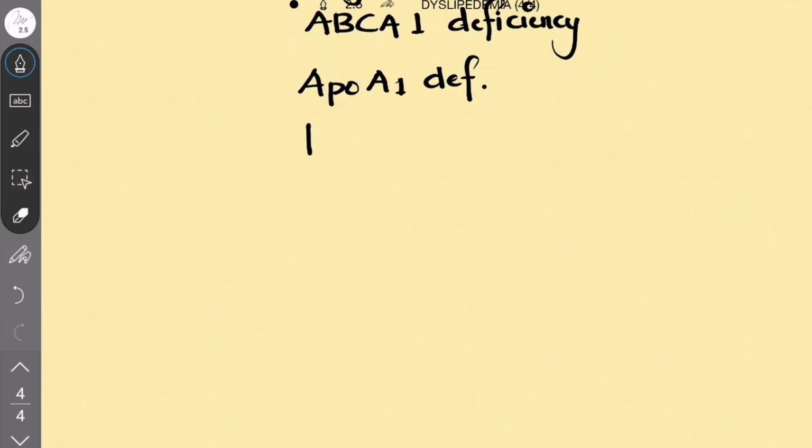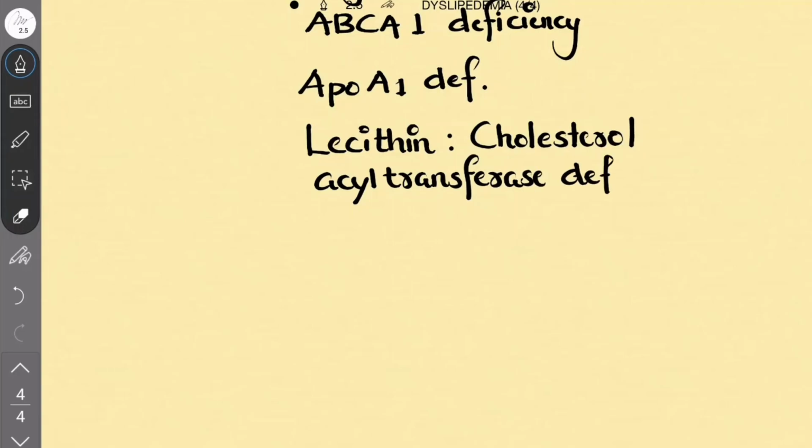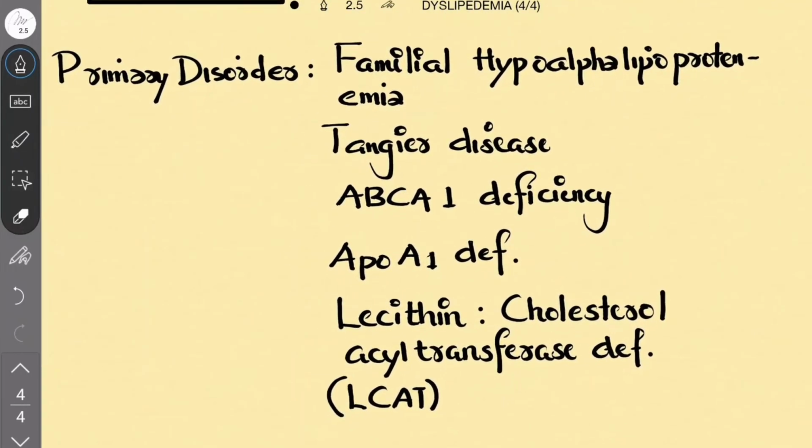Similarly, lecithin cholesterol acyltransferase deficiency, that is LCAT. So it is a primary disorder.